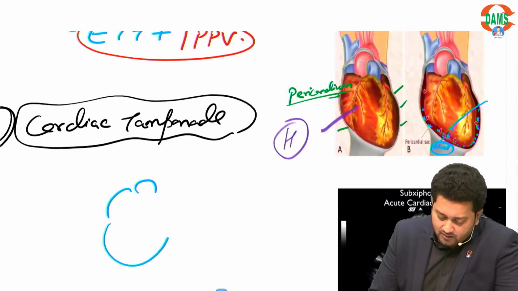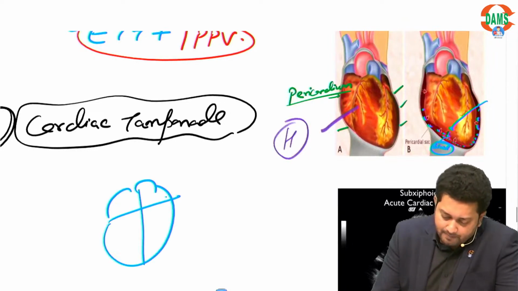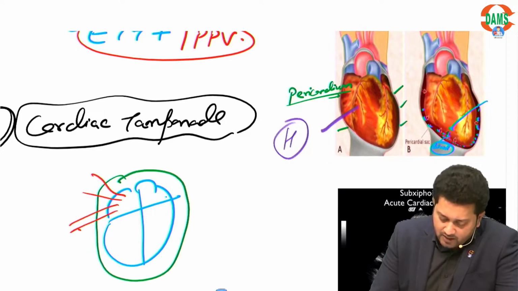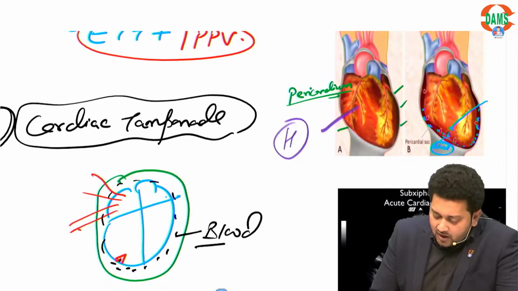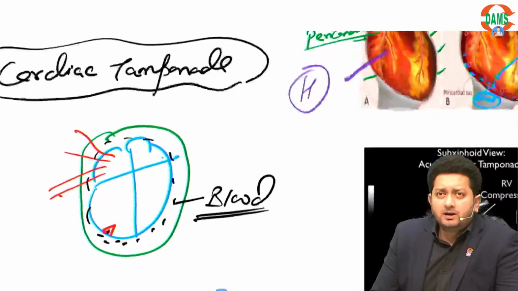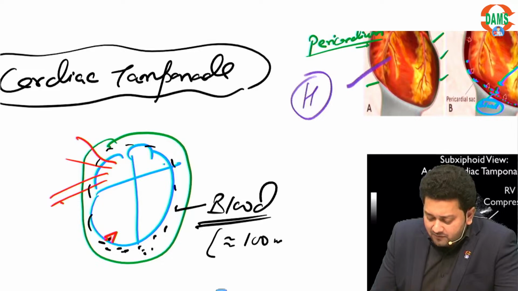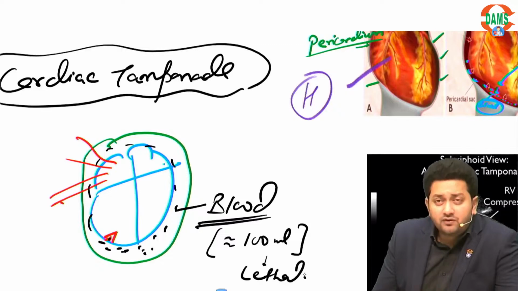Now if I draw it for you, suppose this is the pericardium, this is the SVC and IVC coming. So this is the injury, and because of this, like I said, the blood has entered into the pericardial cavity. You don't need a massive amount of blood. They say that approximately 100 ml, sometimes even less, can be lethal, can cost the life of the patient.